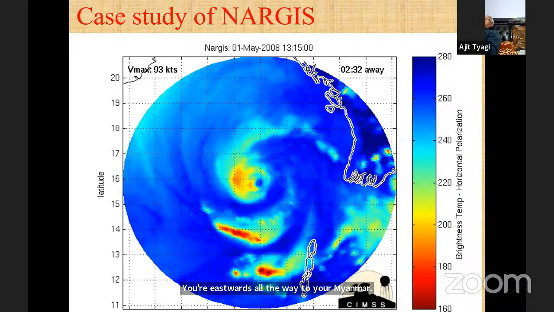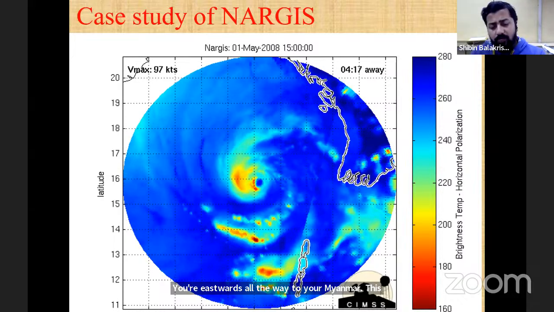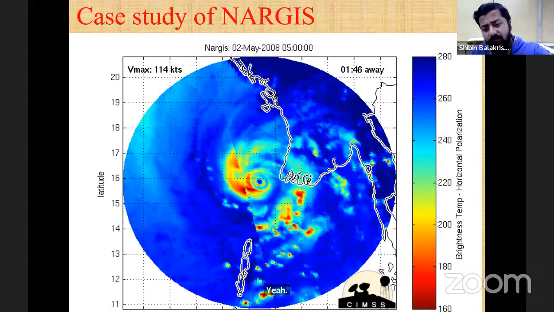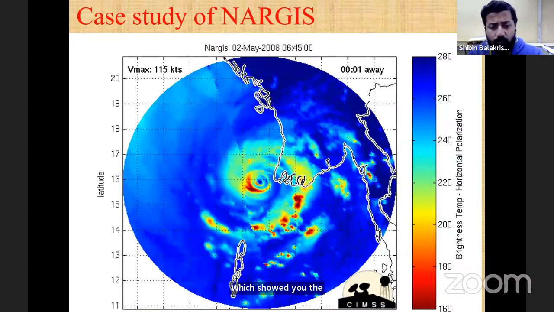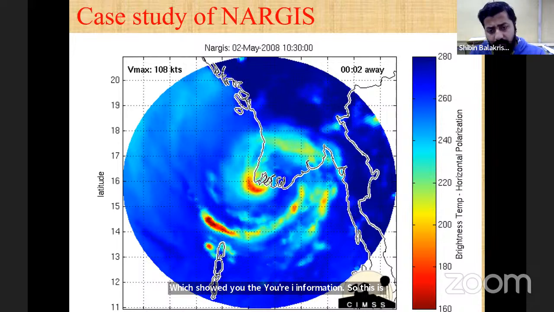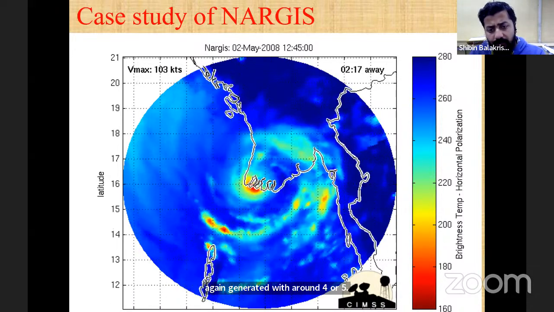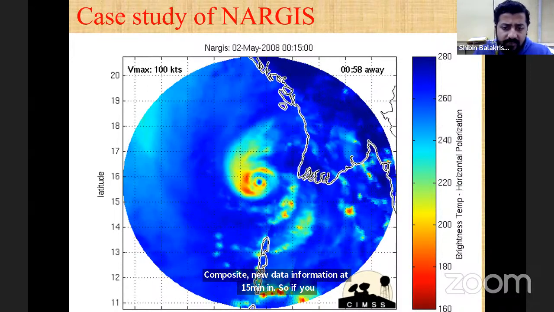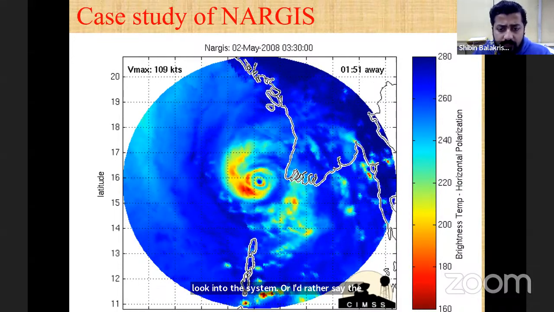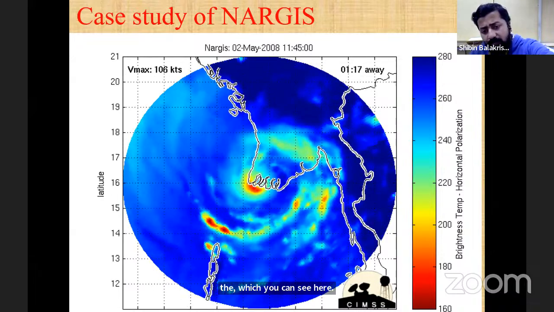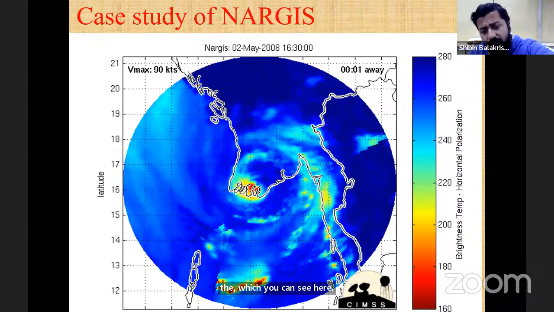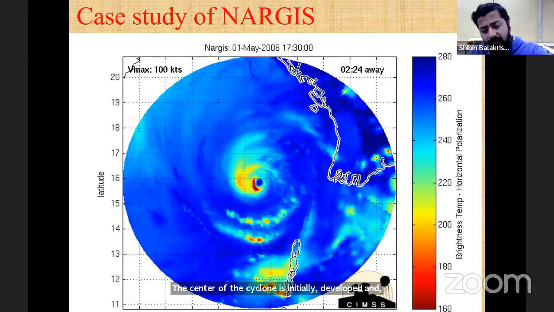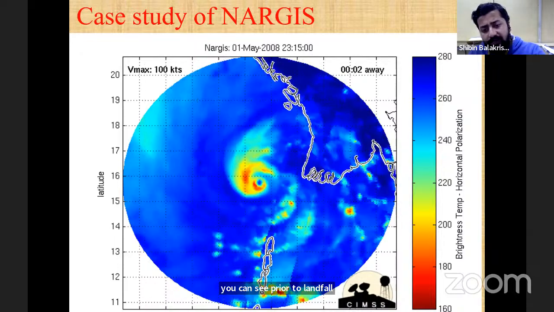This animation which I'm showing here is the MIMIC product, which shows you your eye information. This is generated with around 4 or 5 composite LEO data at 15-minute intervals. If you look into the system, or rather the center of the cyclone, which you can see here, the center is initially developed, and prior to landfall, the center is showing weakening and again intensifying.